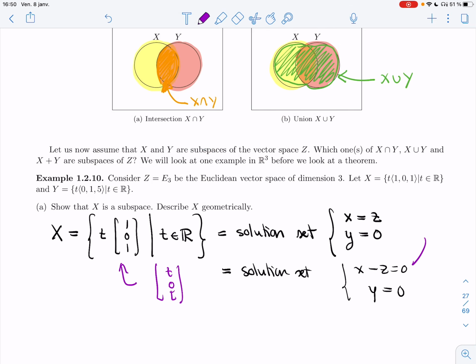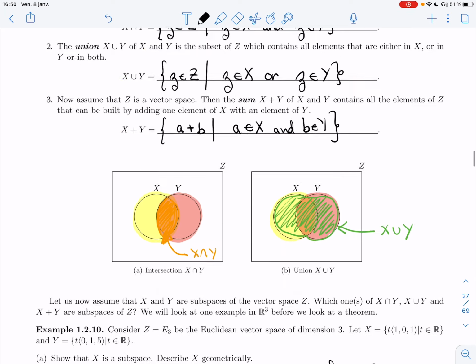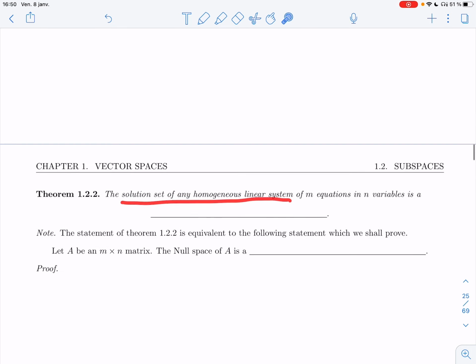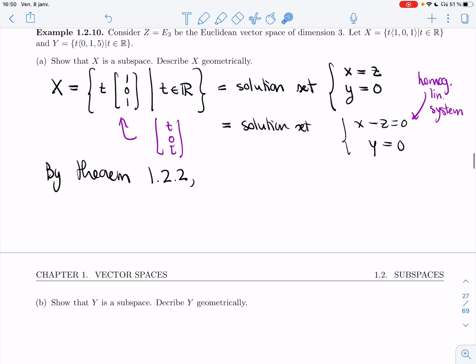And since this is homogeneous, by the theorem of the last section, theorem 1.2.2, let's just check, that the solution space of any homogeneous linear system is a subspace. So X is a subspace.